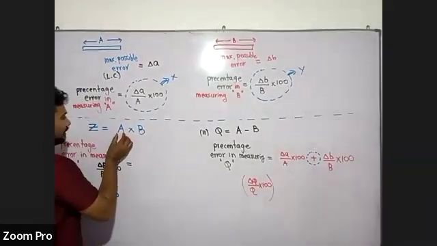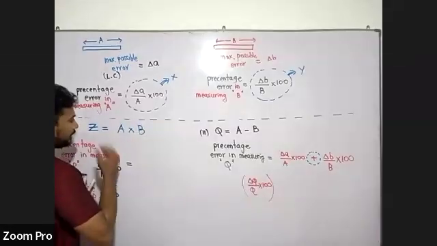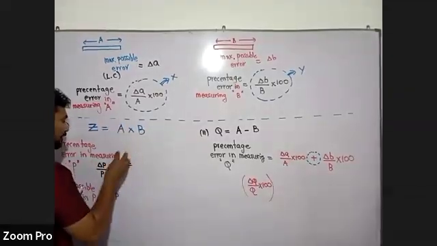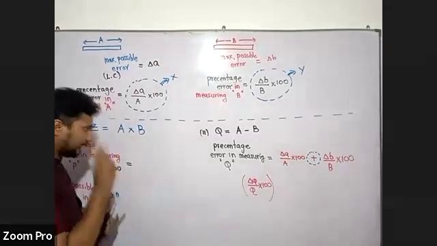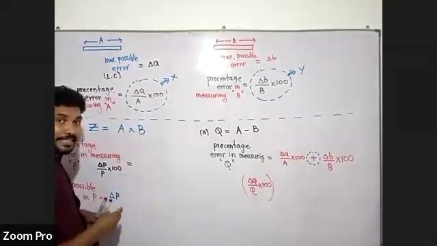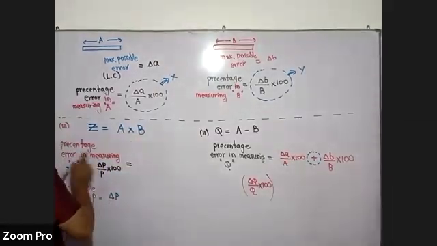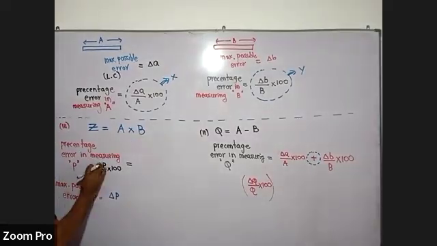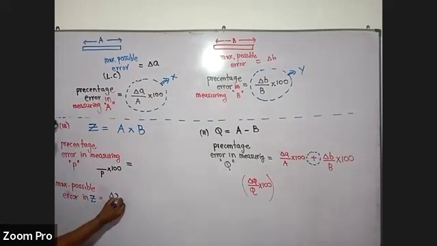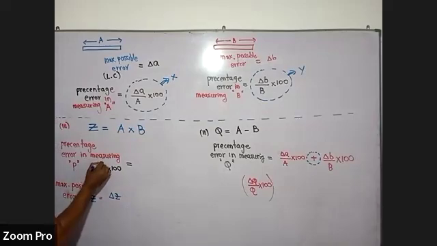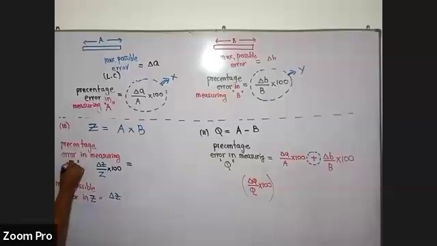So even when A is multiplied by B, when we come to the fractional error or percentage error, the errors always add to each other, right? Then delta Z over Z is the representation of percentage error in measuring Z, right?